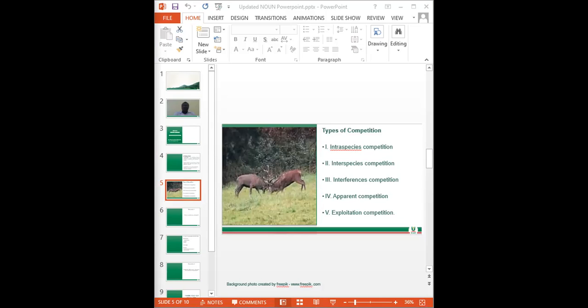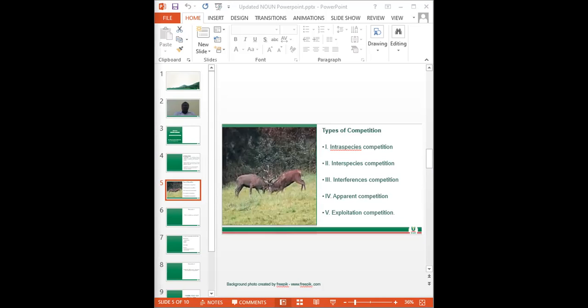The first is interference. One fact, please, that should be noted in these groups is that the third, the fourth, and the fifth types of competition are defined based on mechanism. That is why they are grouped.